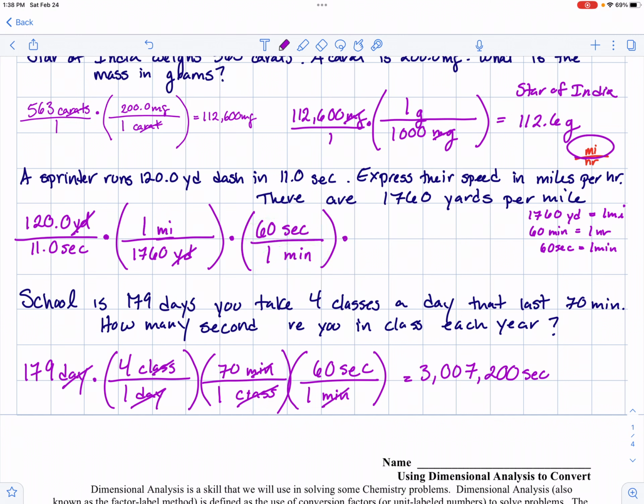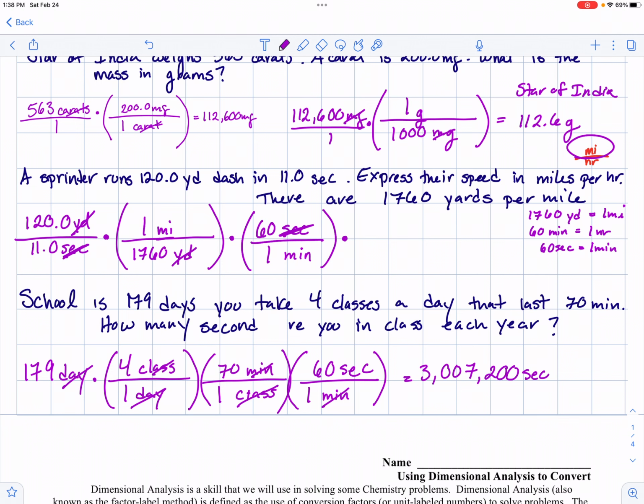All right, so now if I look at it, I'm out of seconds because seconds would cancel. I'm in minutes now. If you did all of your math all the way across, technically you would be in miles per minute.